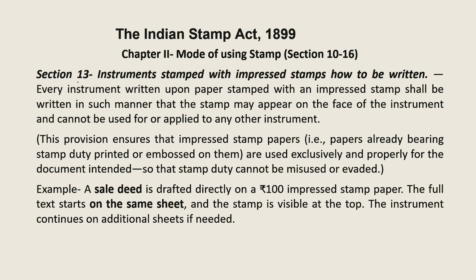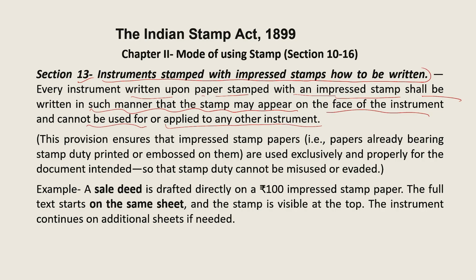section 13 discusses the instrument stamped with impressed stamps, how it is to be written. So every instrument written upon paper stamped with an impressed stamp shall be written in such a manner that the stamp may appear on the face of the instrument and cannot be used for or applied to any other instrument. So the provision ensures that impressed stamp paper, that is, paper already bearing a stamp duty, printed or embossed on it, is used exclusively and properly for the purpose the document is intended for, right?